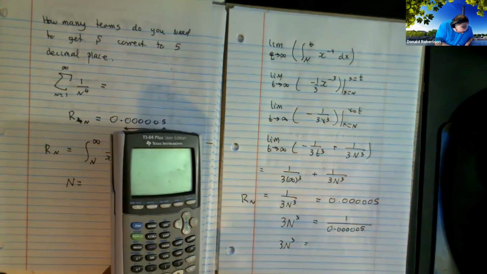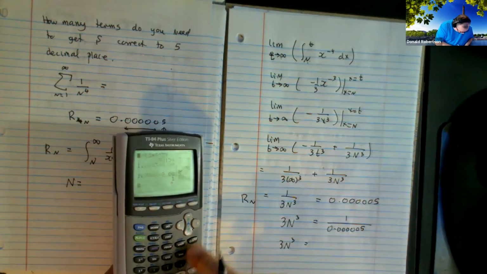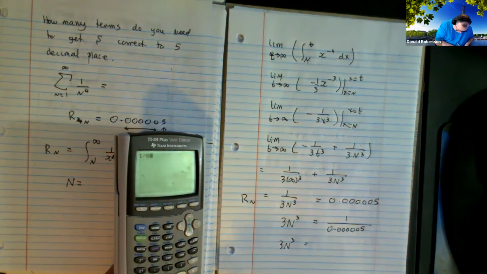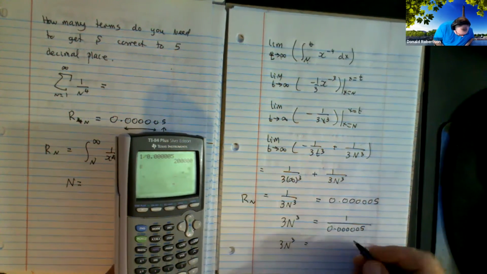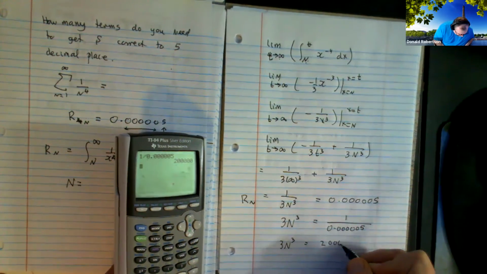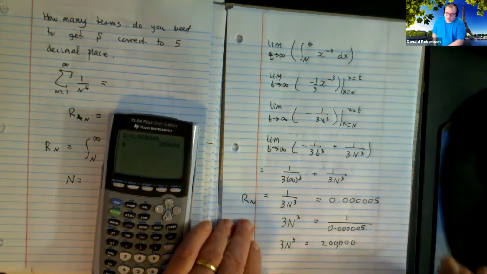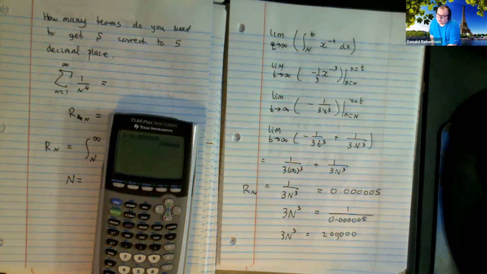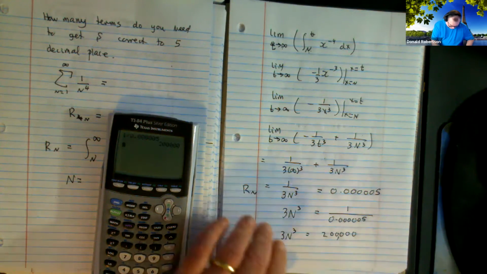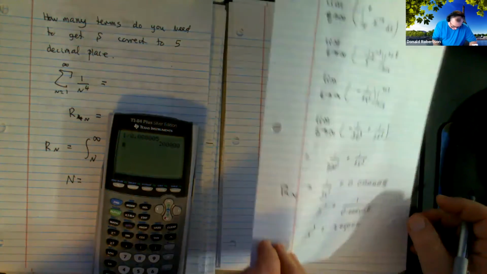I'm going to actually find out what that number is. So 1, clear it out. 1 divided by 0.1234, 5 zeros and a 5 gets me to 1, 2, 3, 4, 5. Gets me 200,000. Still with me? What should I do to both sides next?